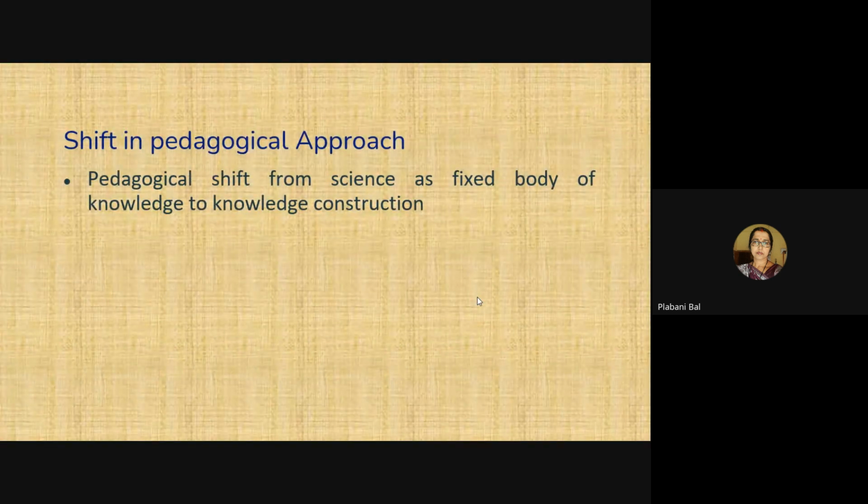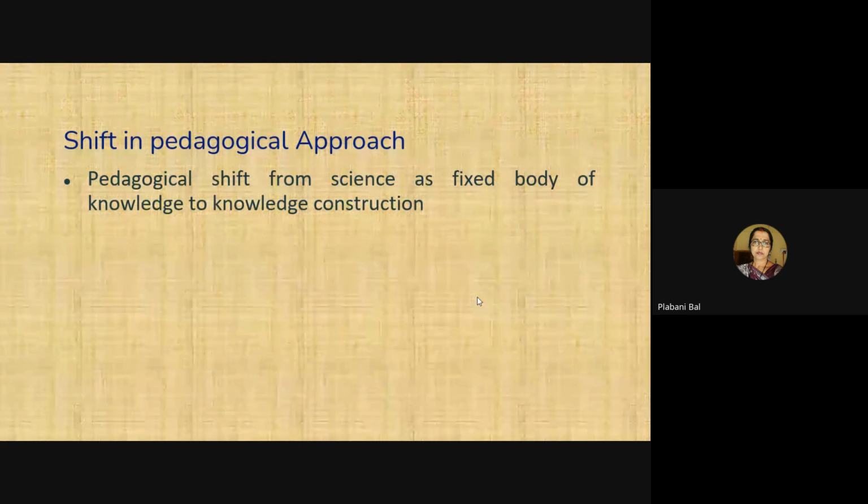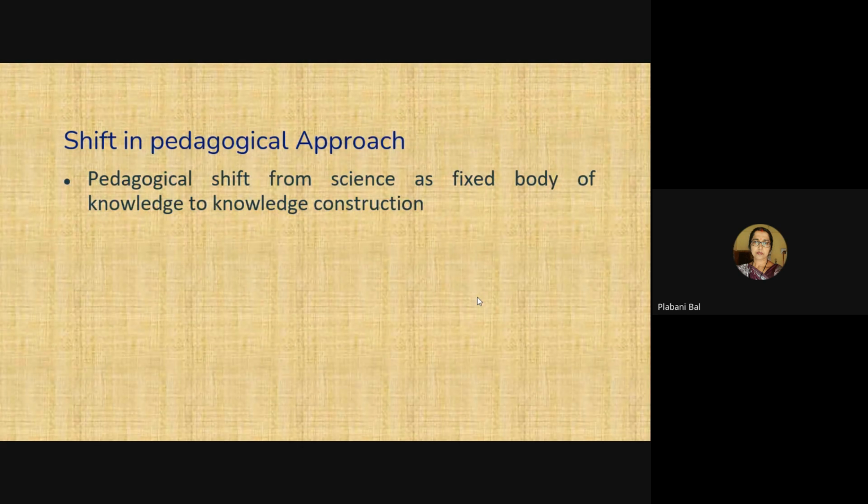Next, the shift we talked about: what are the shifts in pedagogical approach? What we discussed in the previous class also, the shift actually started from the NCF 2005.